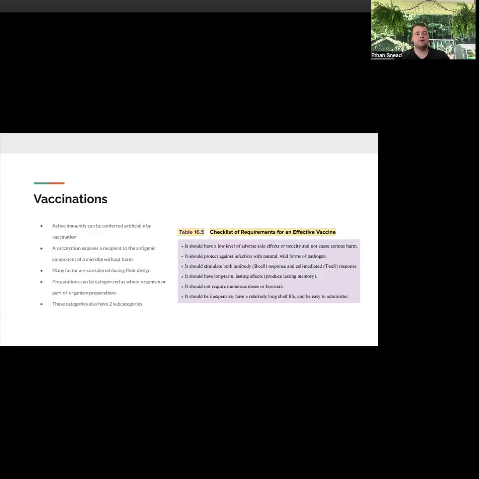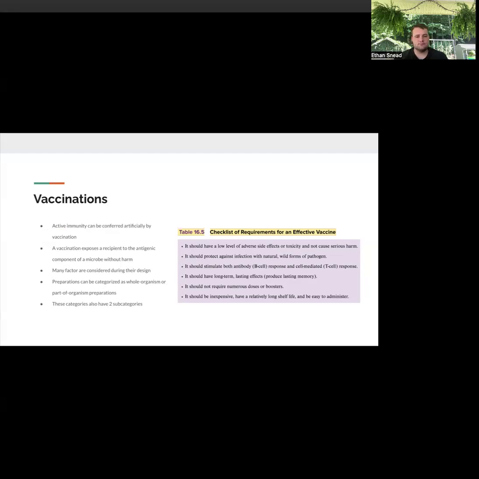Lastly, we're going to talk about vaccinations. Active immunity can be conferred artificially by a vaccination, which is a medicine that exposes a person to the antigenic components of a microbe without its pathogenic effects, such as the flu vaccine, the COVID-19 vaccine, and so forth.